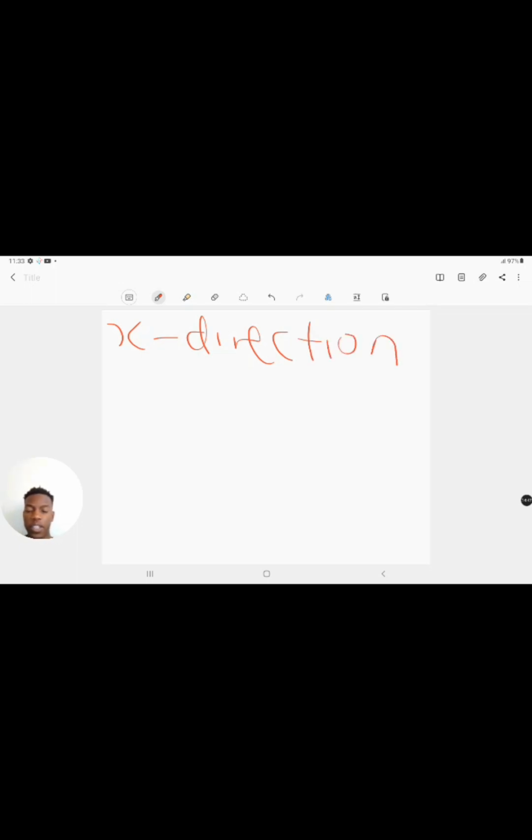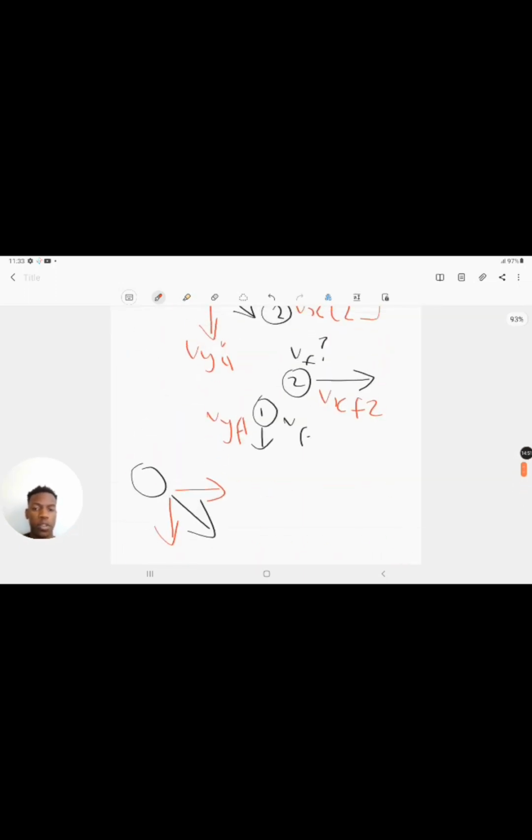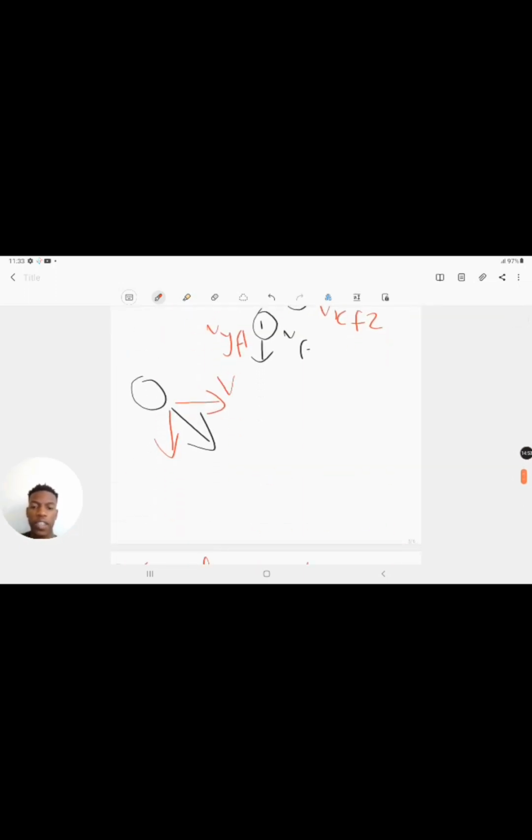Then I'm going to say, okay, in the x direction, go back up there. Let me show you something. This is V initial in the x direction of ball number 1. Initial velocity in the x direction of ball number 1. Initial velocity in the y direction of ball number 1. I'm going to look at that for my x direction, right?